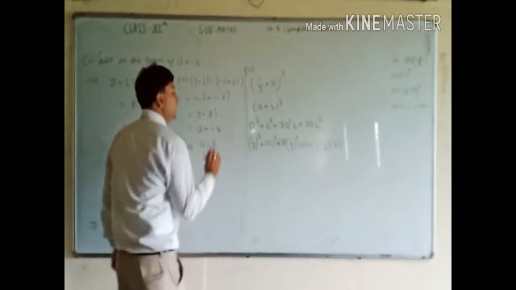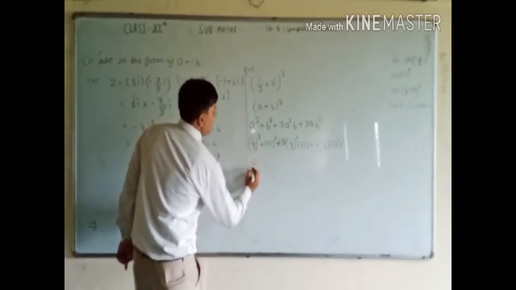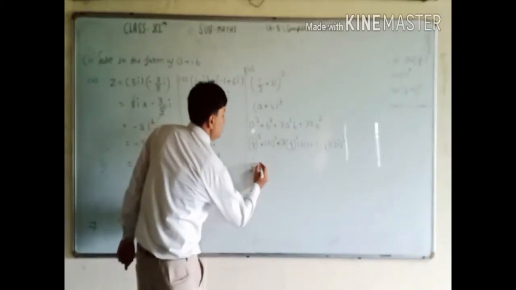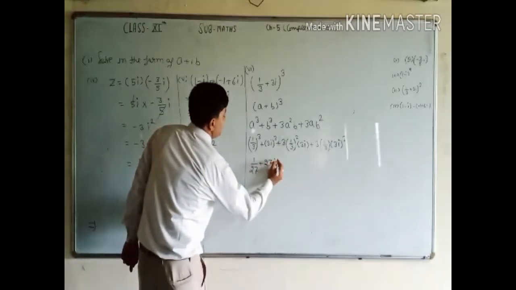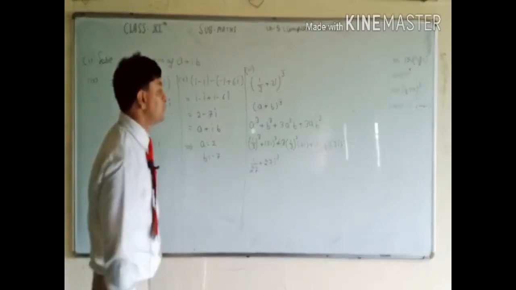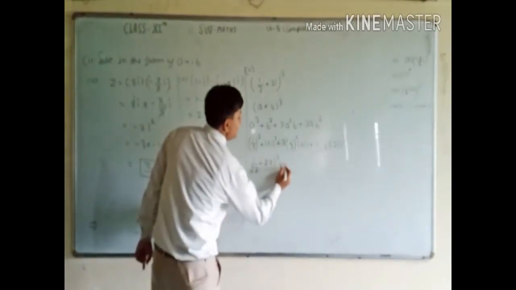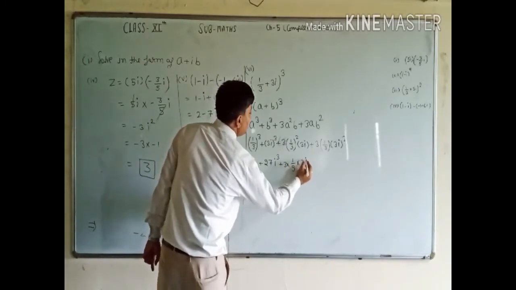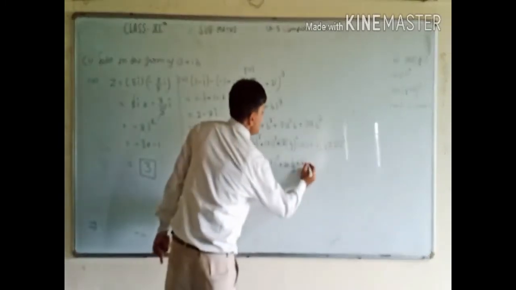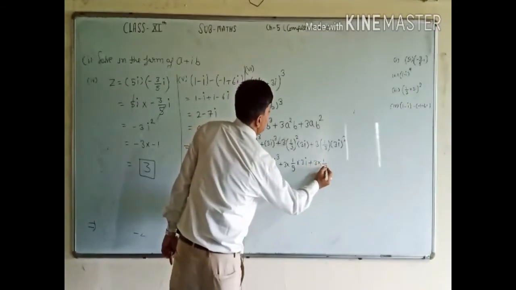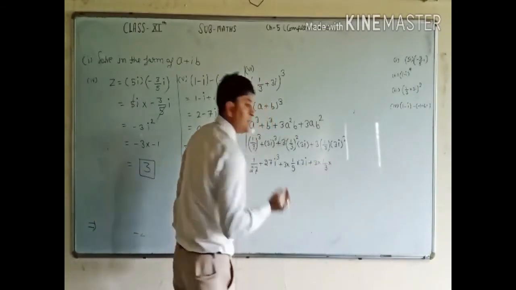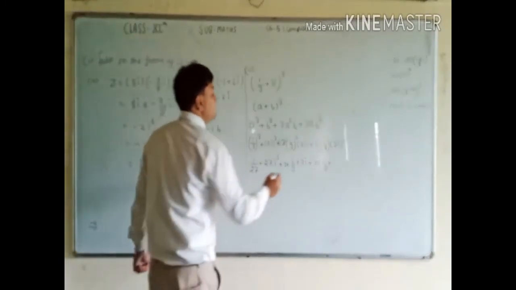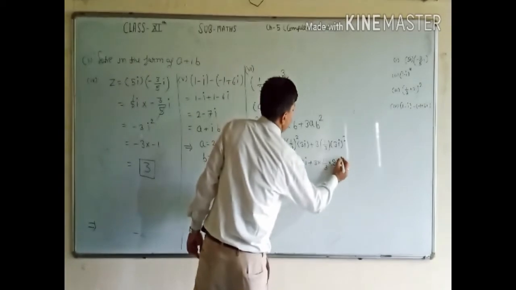Now this is 1 upon 27, this is 27 iota cube, this is 3 into 1 upon 9 into 3 iota, and the last is 3 into 1 upon 3 into 3 iota whole square, and we know that 3 iota whole square is 9 into iota square.